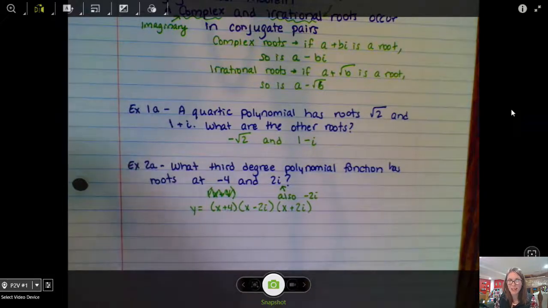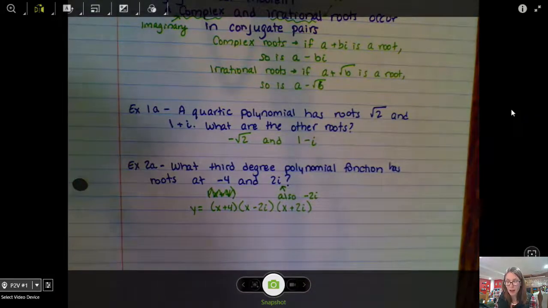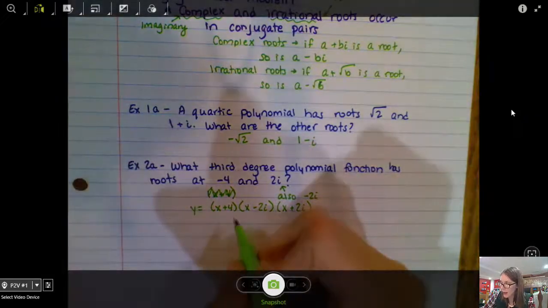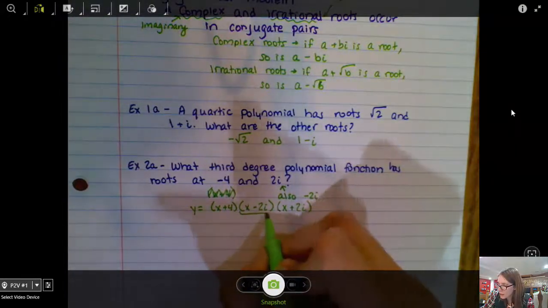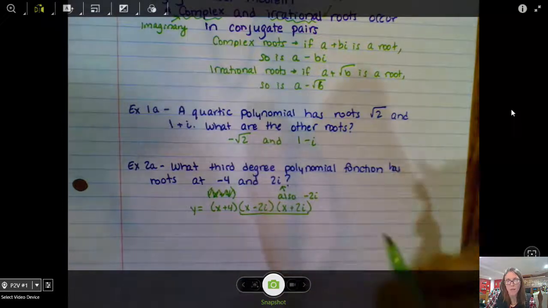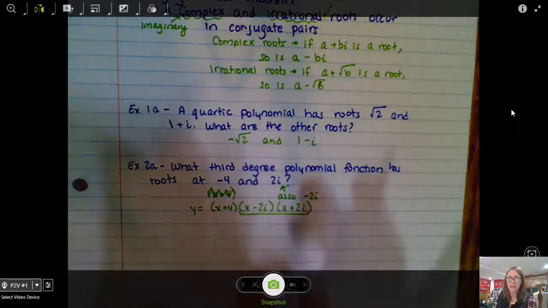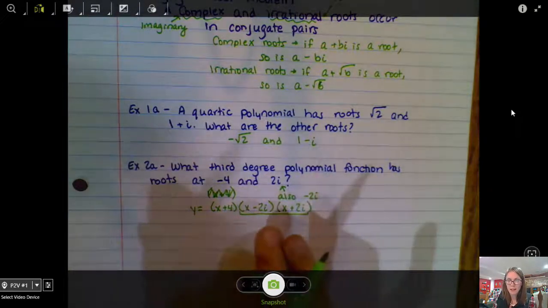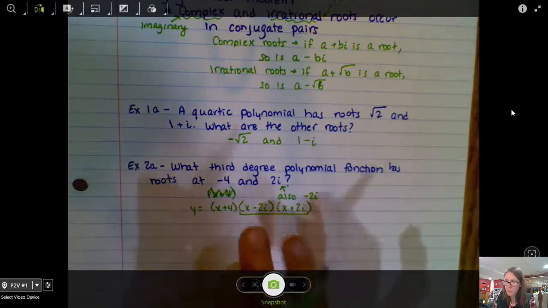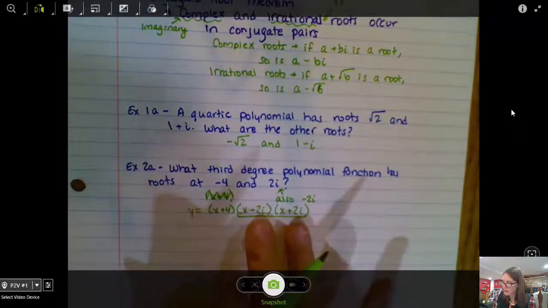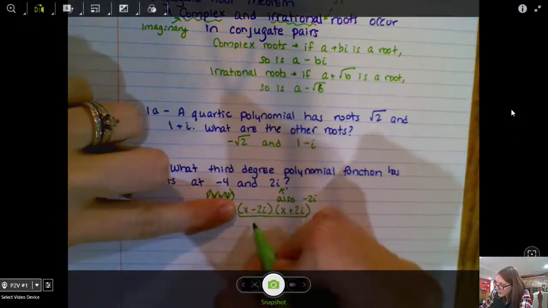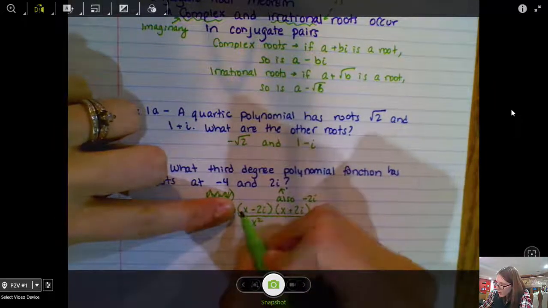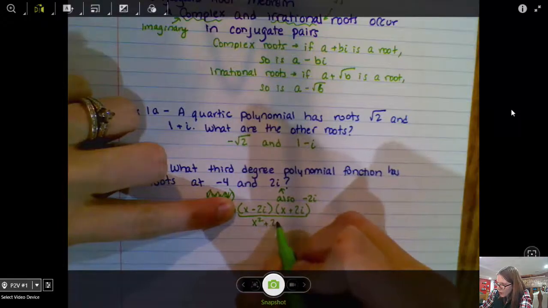Now, it doesn't say it here to write in standard form, but if you were asked, let's get that practice. Let's multiply this out, and I would multiply the 2 imaginary pieces first. Things will simplify nicely. So if you have something like this that you need to multiply to standard form, multiply the imaginary pieces first. Life is a little bit easier. So I FOIL these. x times x is x squared. Plus 2ix.